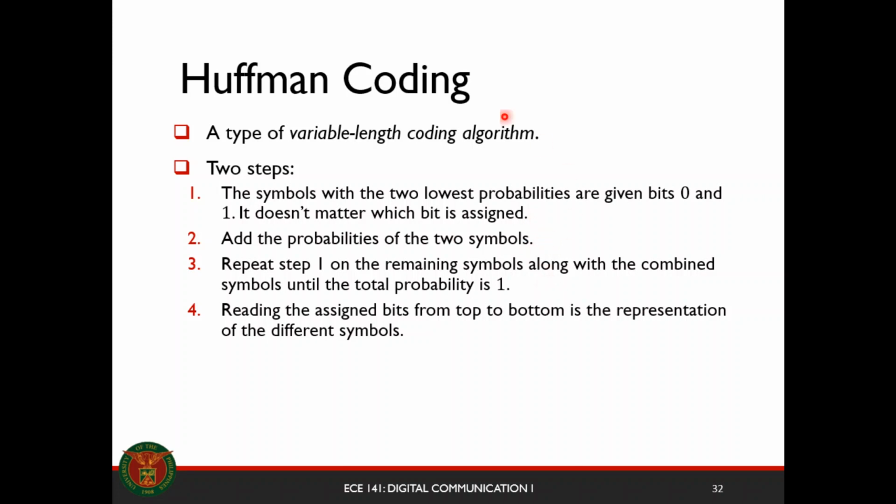Then you go back to the drawing board and compare your super symbol to the other symbols that you have not used, and you repeat the process until the total probability that you have added is equal to 1. Basically, you've finished assigning bits to every symbol in your tree, and then you read from the top of the tree to the bottom of the tree, and you get the representation for your data.